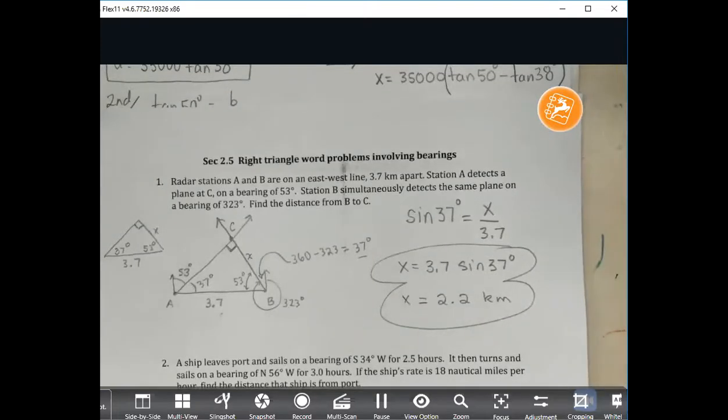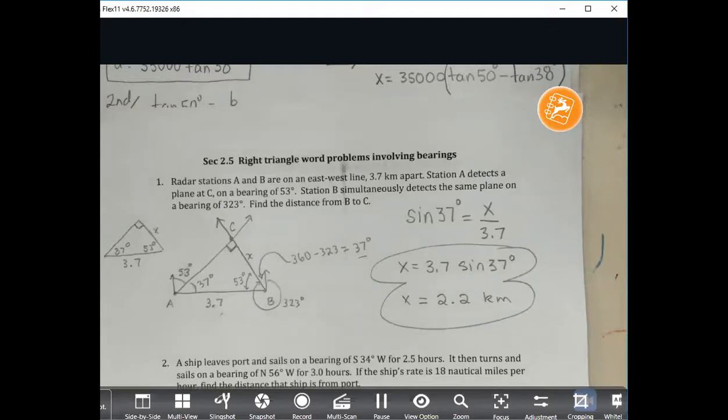But WebWork won't take more decimal places. They're really picky about the significant digits. So when you're doing WebWork and you enter an answer that you know is right, you probably used too many decimal places. So start knocking some decimal places off until your little square turns green.